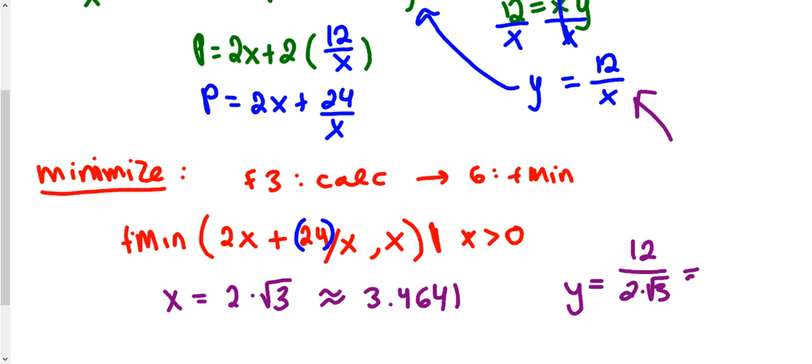If you press your green diamond and enter on this, make sure that you put the 2 and the square root of 3 on the bottom, both dividing 12. You're going to get 3.4641. Look at that, they're the same.